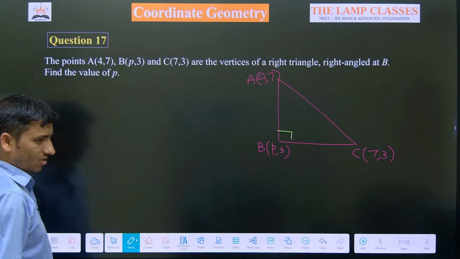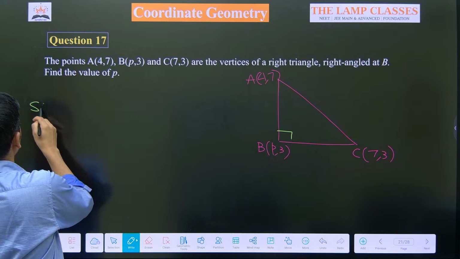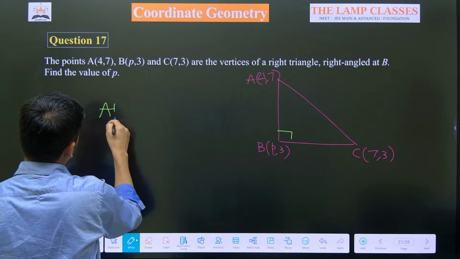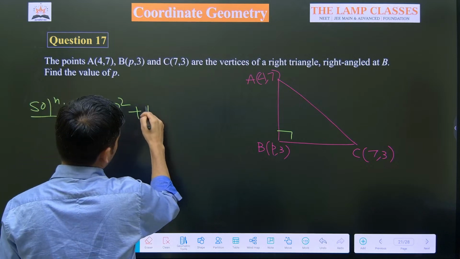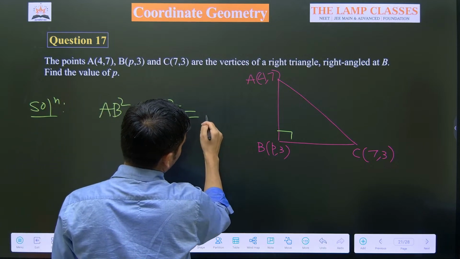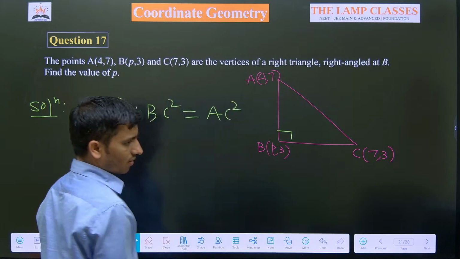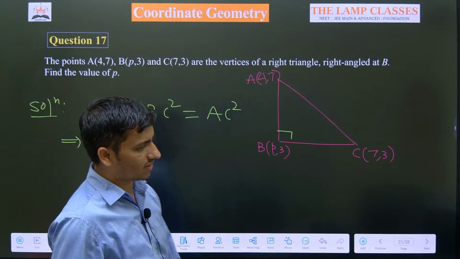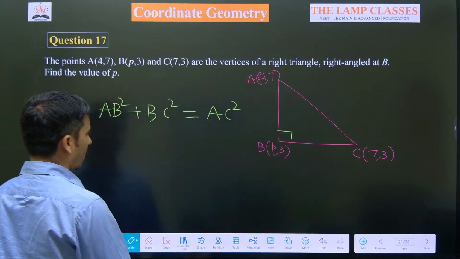So Pythagoras theorem, right? Let's find P using that. So listen. Here AB square plus BC square has to be equal to AC square. AB square means if I apply the distance formula and then square it, there will not be any root there, right?